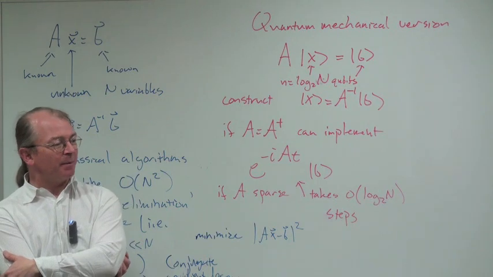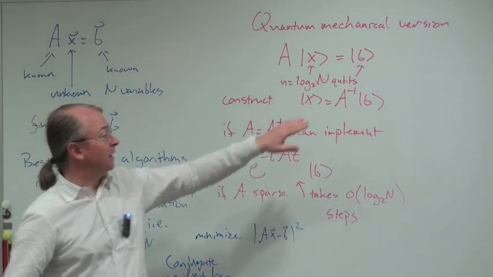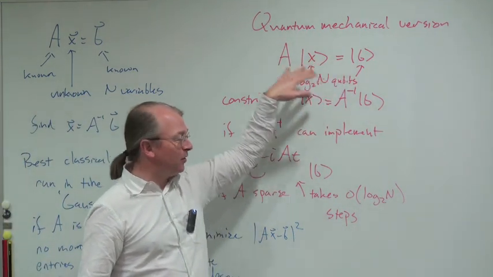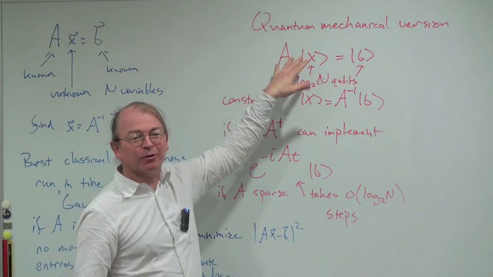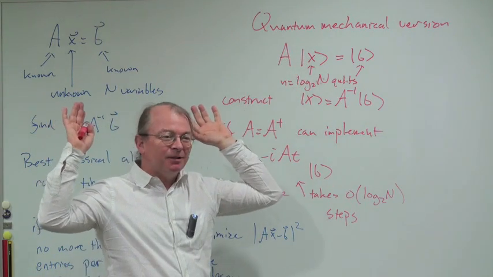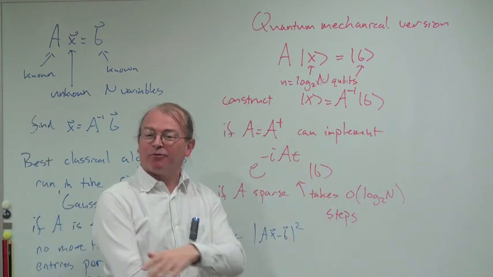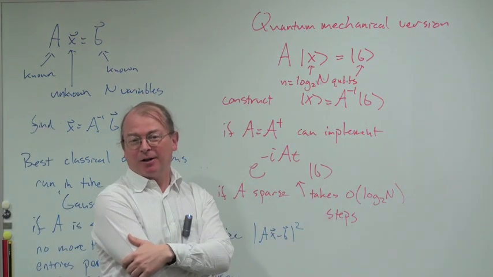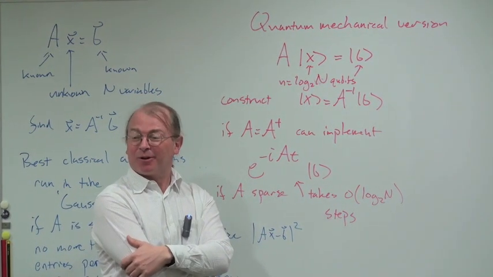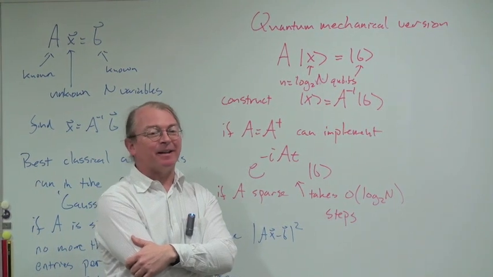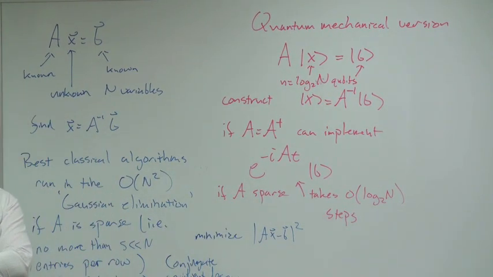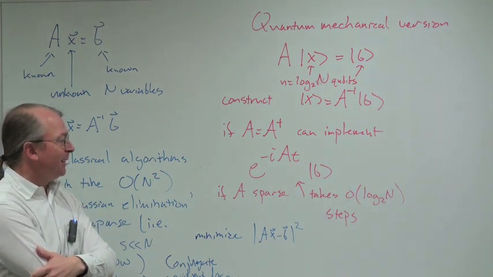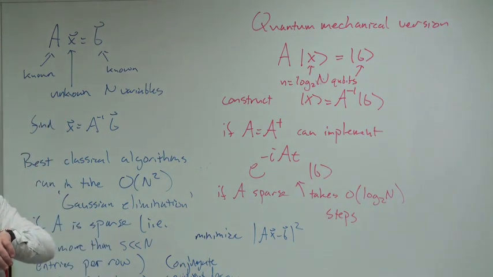I need 40 qubits to encode this information, and only order 100 or so steps to invert this matrix over 10 to the 12th variables. So it's pretty shocking. And again, I think this is why people didn't think of this before. But I'm going to show you can do this.